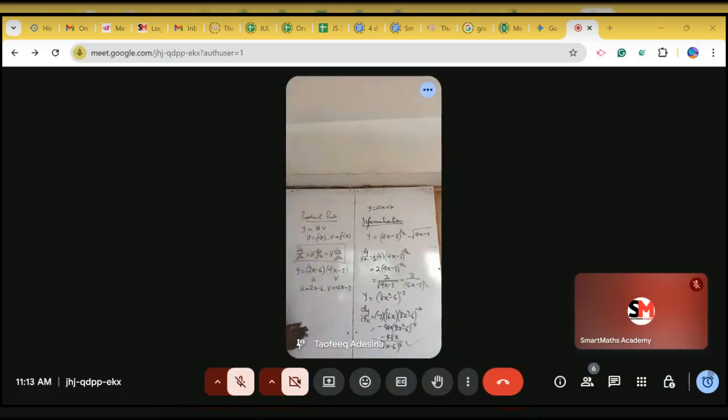It's still the same formula we are going to apply. Differentiating this one using our normal method gives us 2. Differentiating the other, dv/dx, gives us 4. We apply just the same procedure.